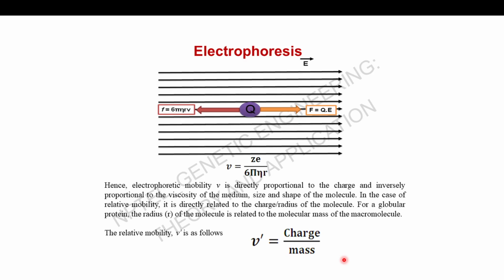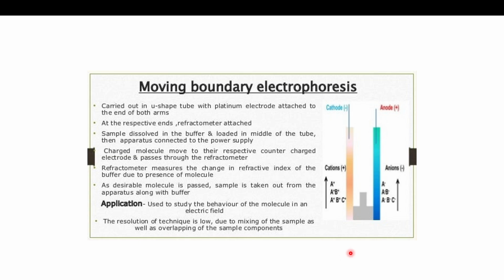Now, this is overall what is taking place inside an electrophoretic tank, and these are the forces that affect your sample of interest when it is moving through an electrophoretic setup.